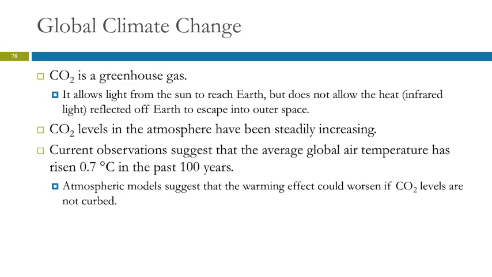So that's the light coming in, but then the heat that comes off of the Earth from that light is infrared light, and it's blocked by the carbon dioxide. And so it acts as an insulating blanket or like a greenhouse over your potted plants to protect them and keep them warm. So we need CO2, but we don't need too much CO2 or things are going to get too hot. And the CO2 levels in the atmosphere have been steadily increasing.